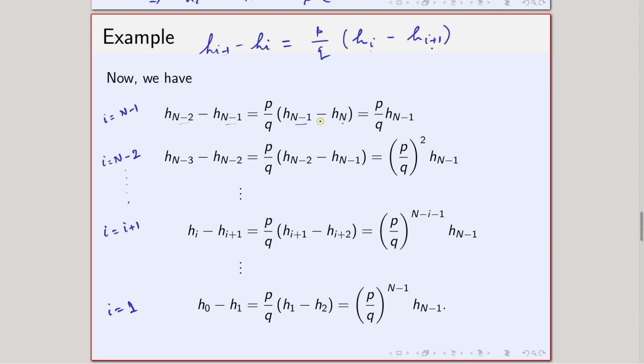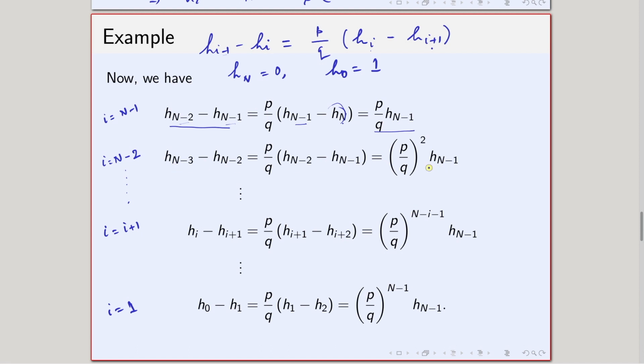Now look into the first equation. We have noticed that Hn equals 0 and H1 equals H0 equals 1. So if I put Hn equals 0 here, this quantity becomes P by Q Hn minus 1.